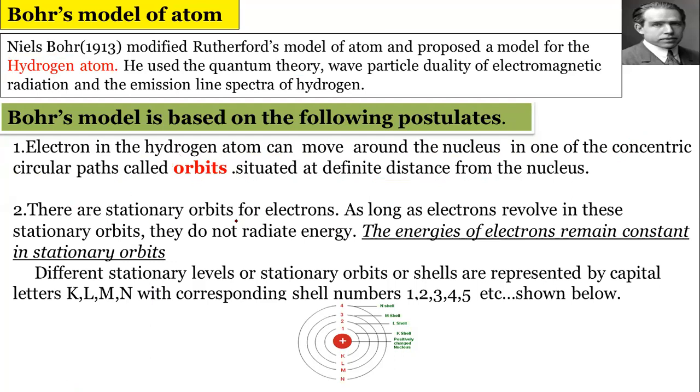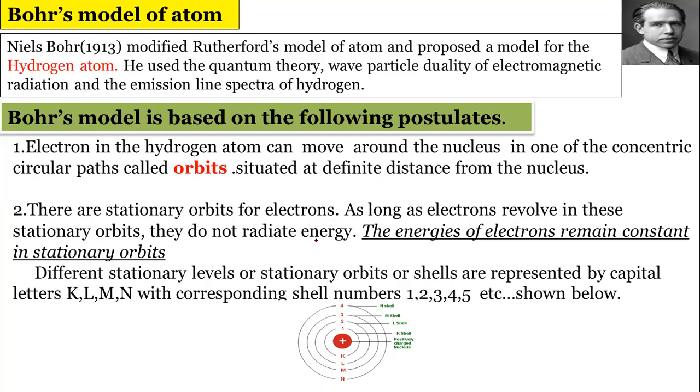There are stationary orbits for electrons. These orbits are stationary, they are not changing. As long as the electron revolves in these stationary orbits, it does not radiate energy. But in Rutherford's theory, when any charged particle is revolving, it emits radiation.